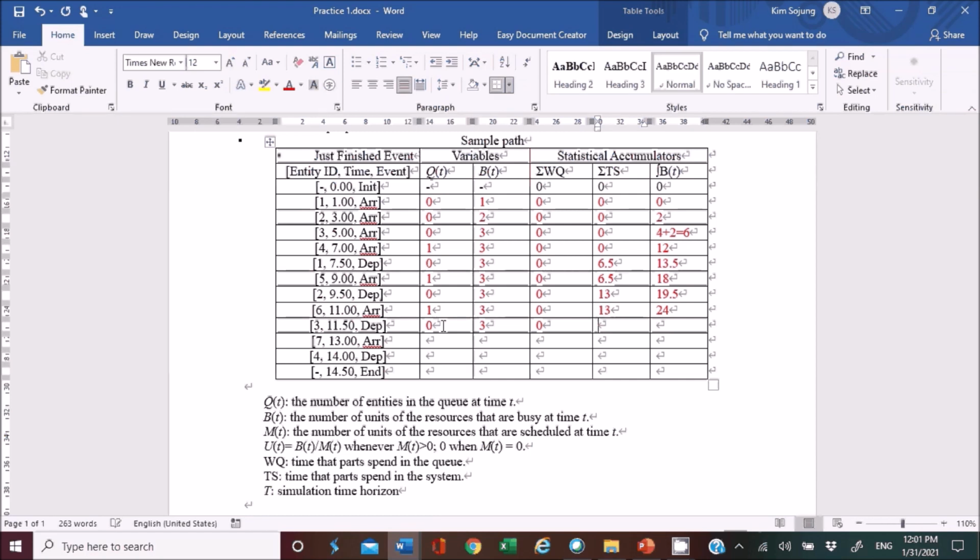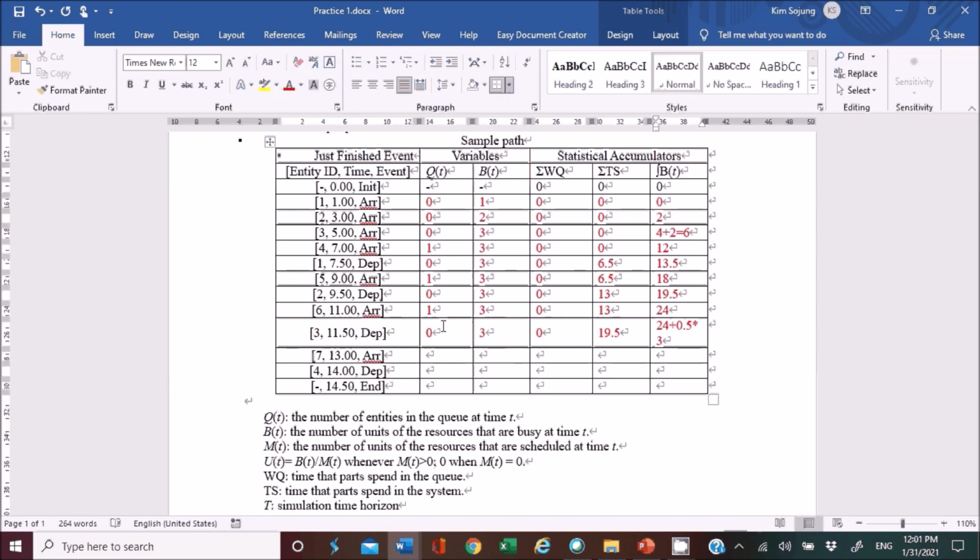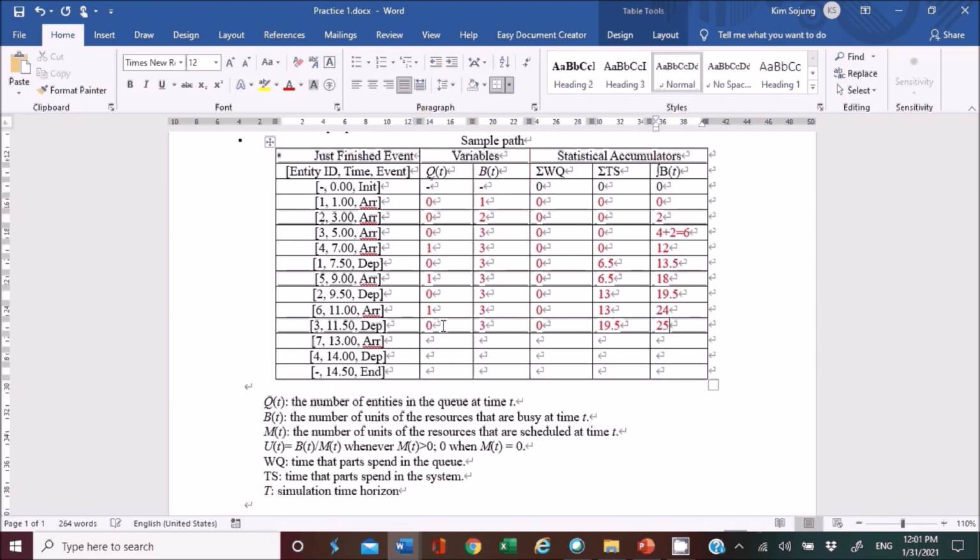So if you add 13 plus 6.5, then you will get 19.5. Okay, which is the total time in the system of the 3 entities so far. And then this one, 24 plus what? 0.5 times 3, right, will give you 25.5. So you will have 25.5 here.